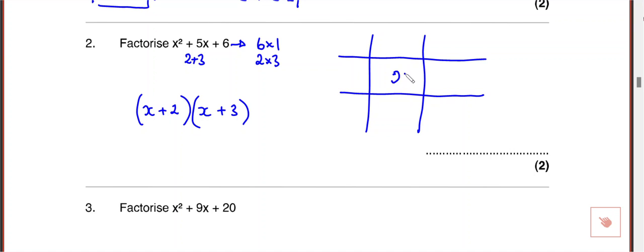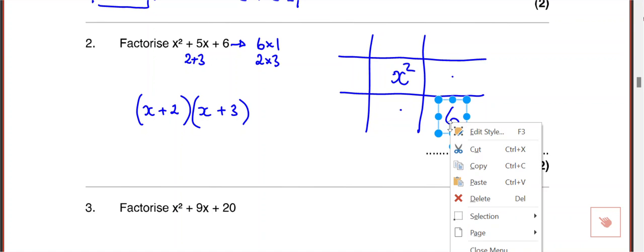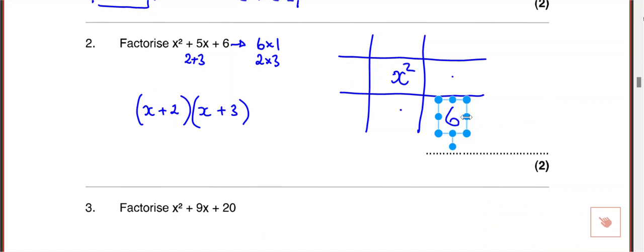So I would put my x squared there, and then I don't know what these are, because they get split up. But I do know that down here must be a 6. That number goes in that bottom corner.